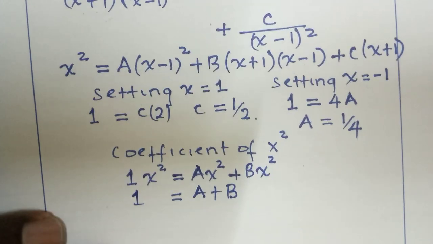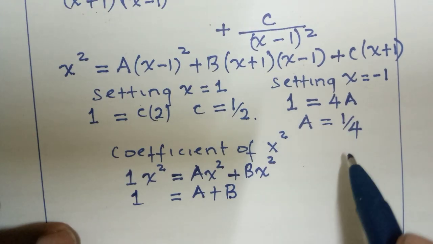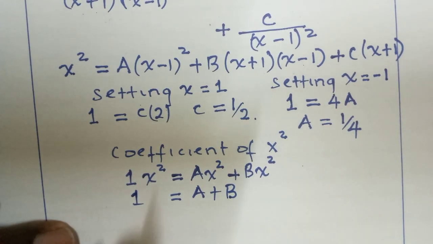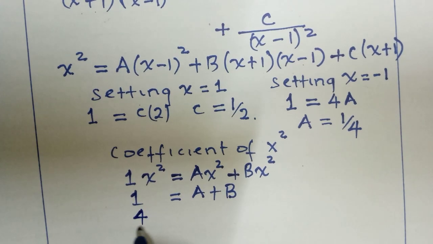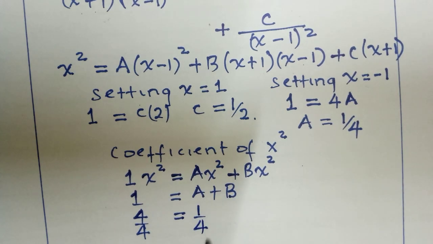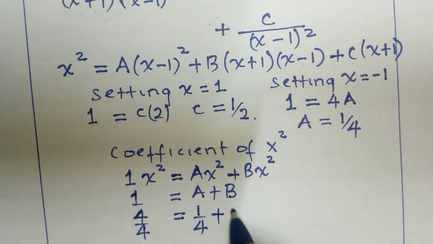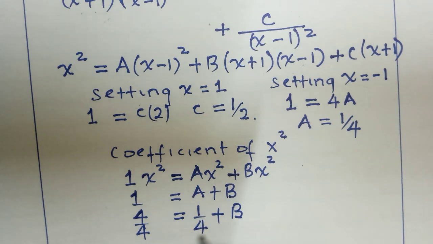Like that. And already, guys, we have a is equal to 1/4. Can convert this one into 4/4 equals now a, we have 1/4 plus b. So now b, guys, is going to be, we can move this one this side.